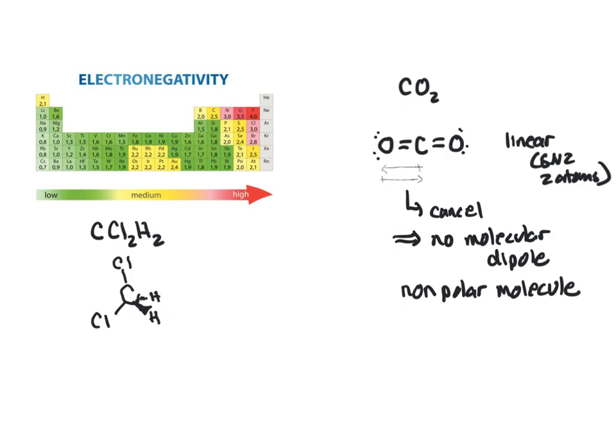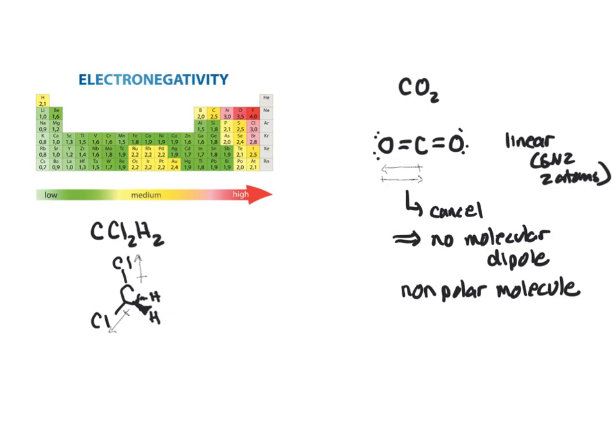If I think about the dipole moments for these bonds, I have to draw those dipole moments in the shape of the molecule. If I think about which of these bonds actually have dipole moments, the carbon and the chlorine are different colors, and so carbon and chlorine have dipole moments. The chlorine is more negative than the carbon, and so I am going to have a dipole moment in this direction and a dipole moment in this direction.